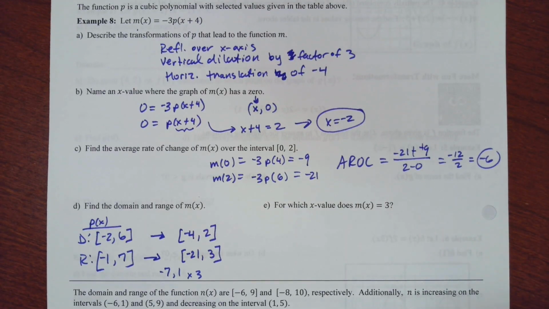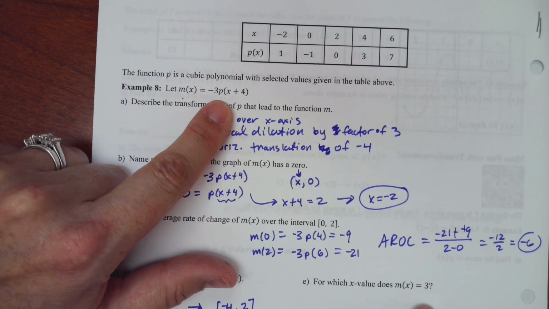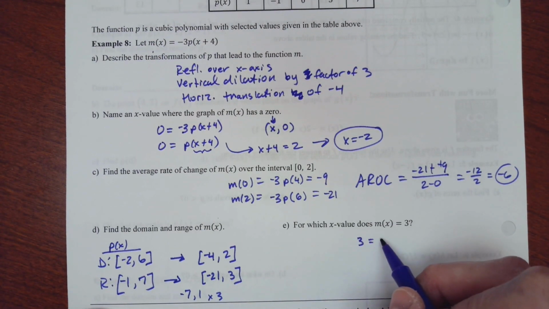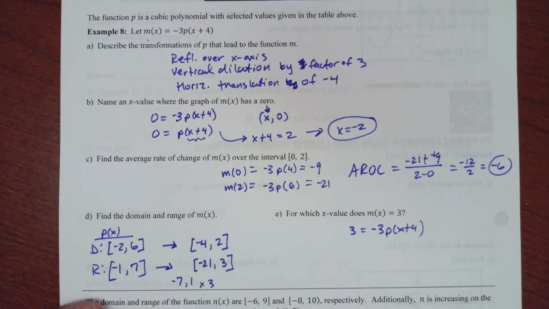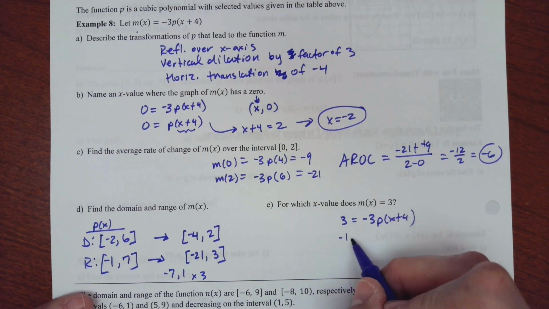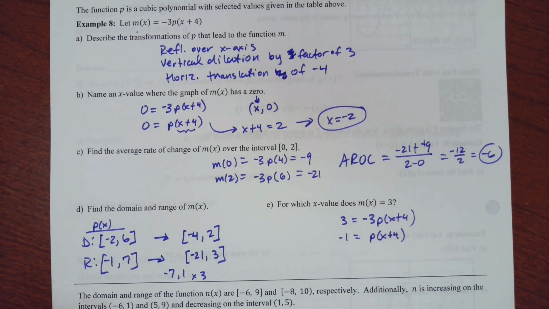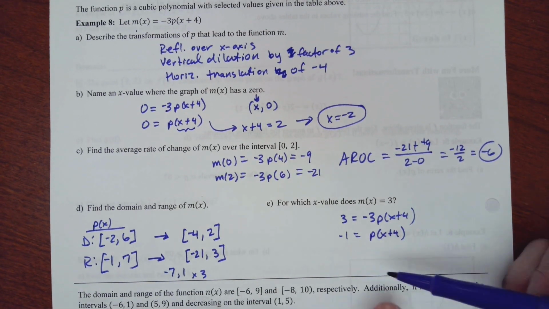For which value does m of x equal 3? So remember, m of x is this equation here. So I'm just going to put a 3 right there. So 3 equals -3 p of x plus 4. All right, so let's divide by -3, so I get -1 equals p of x plus 4. Okay, so to get rid of this, I need to say to myself, hey, p of what?